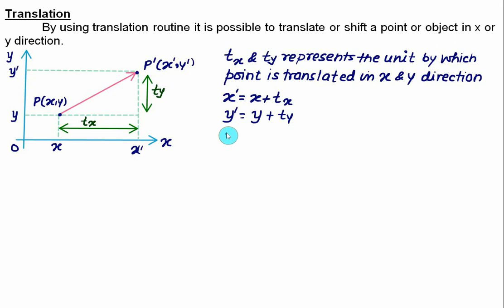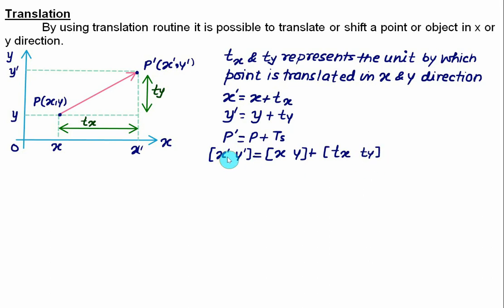In this case we have P prime equal to P plus the translation vector T. So P prime can be written as x prime, y prime, which is a row matrix. Similarly P is also a row matrix, x and y, plus the translation matrix Tx and Ty.